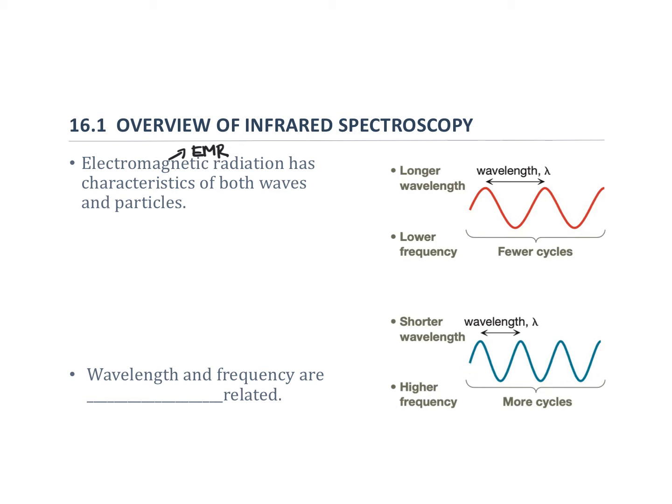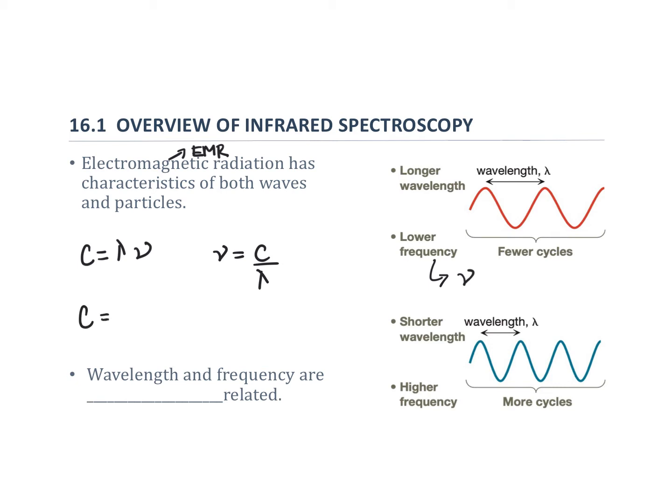Okay. Now, the symbol for frequency is nu. It's the Greek letter nu. And these things can be related with the formula c = λν, which can also be rearranged in many different ways. I want you to remember that c is the speed of light.